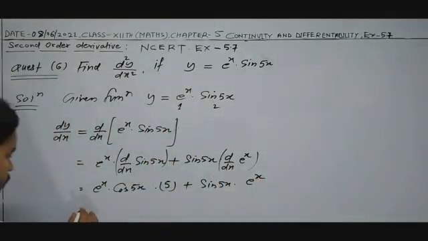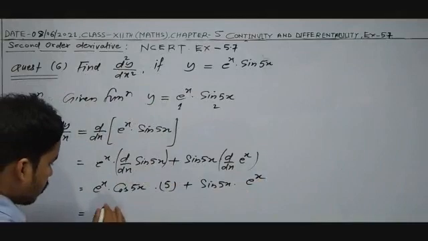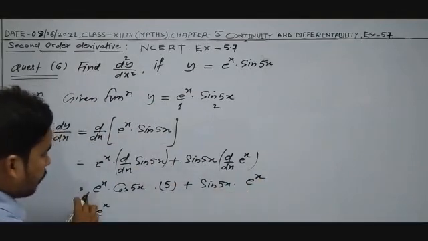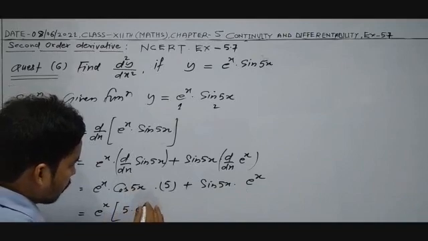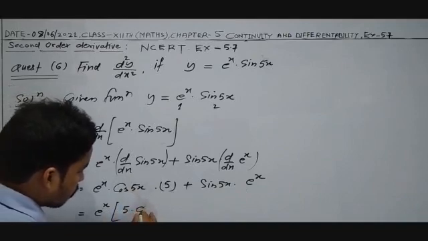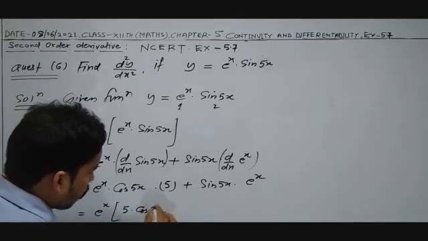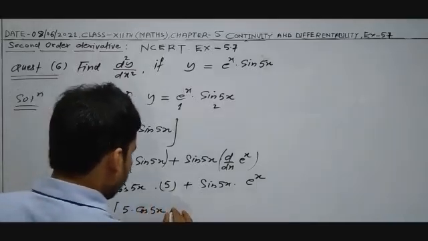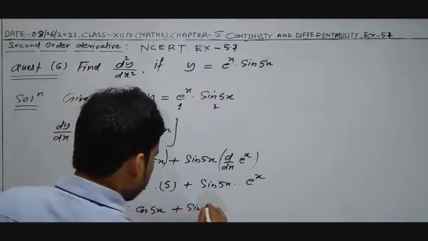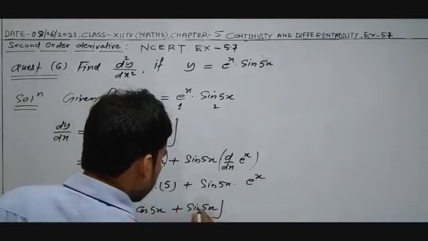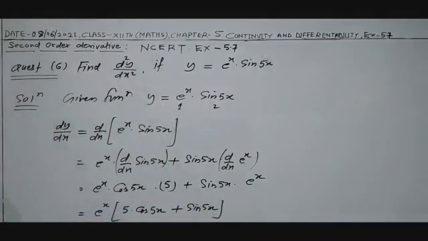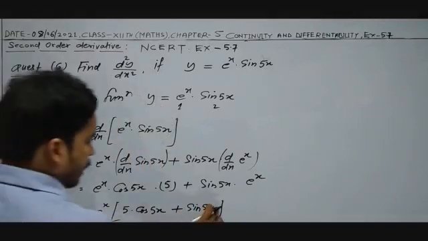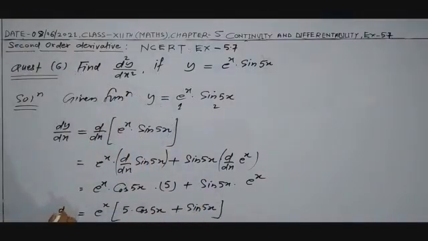So the result is: e to the power x is common in both. So e to the power x times 5 cos of 5x plus sine 5x, with e to the power x outside the brackets. So this is the value of dy by dx.